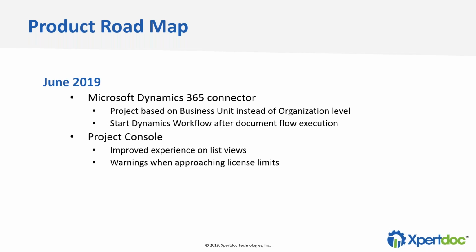Could be an interesting option, especially for larger customers that have branches in different countries using different templates, but are using one big CRM org with business units. They can now define their project on the business unit level rather than the organization level. Much anticipated feature that's coming in June.